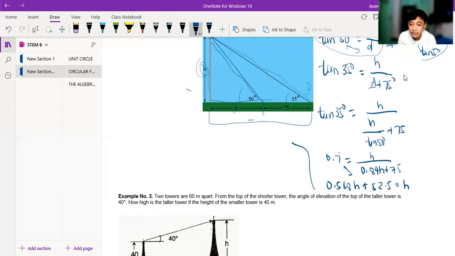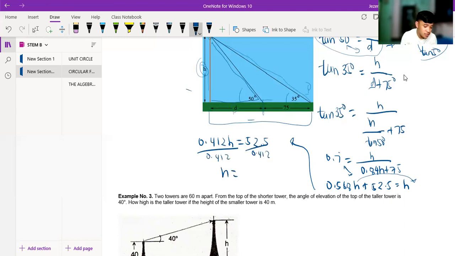And then, transpose natin dito. So, 1 minus 0.588, so 0.412 H is equal to 52.5. Then divide both sides by 0.412.